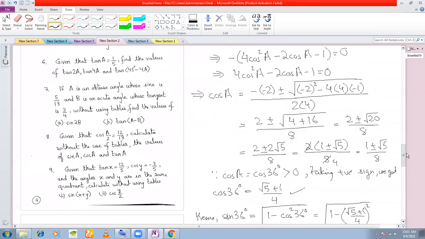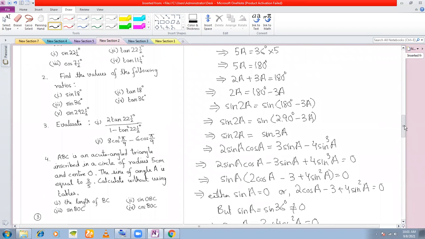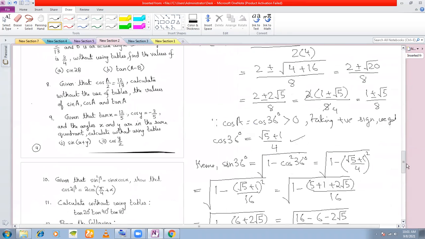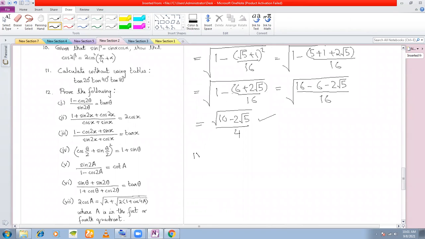Now, if you see the next question here, the next question here is find the value of tan 36. Tan 36 is very easy once you know the value of sine 36 and cos 36. Tan 36 degree is sine 36 degree divided by cos 36 degree. Put the values.